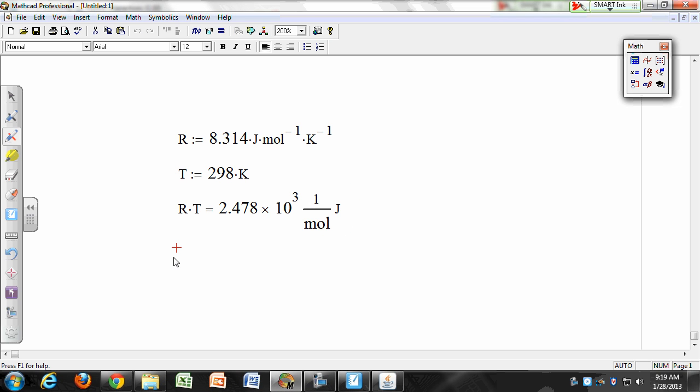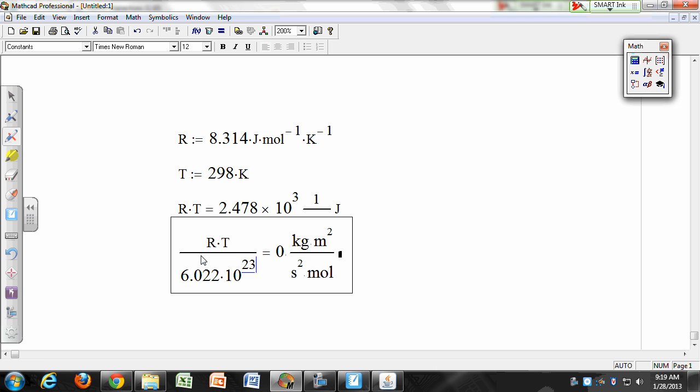2.5 kilojoules per mole, remember? That's RT at room temperature. How about on a per molecule basis, what would that be? So R times T divided by Avogadro's number, 6.022 times 10 to the 23rd.